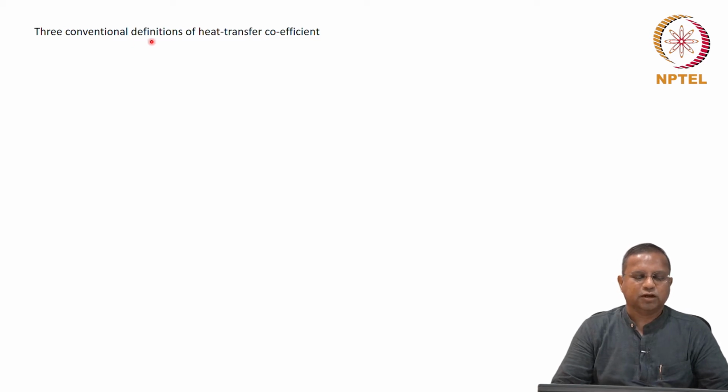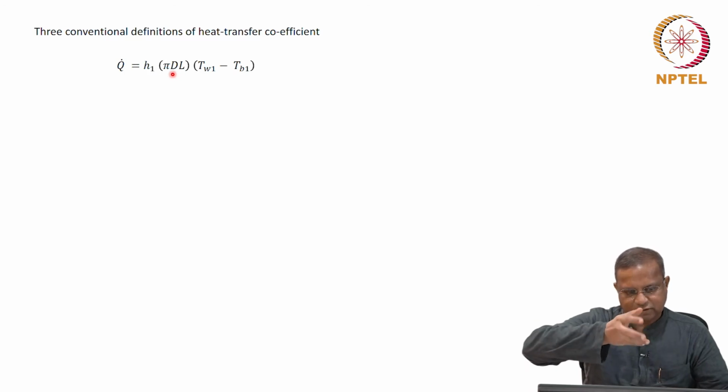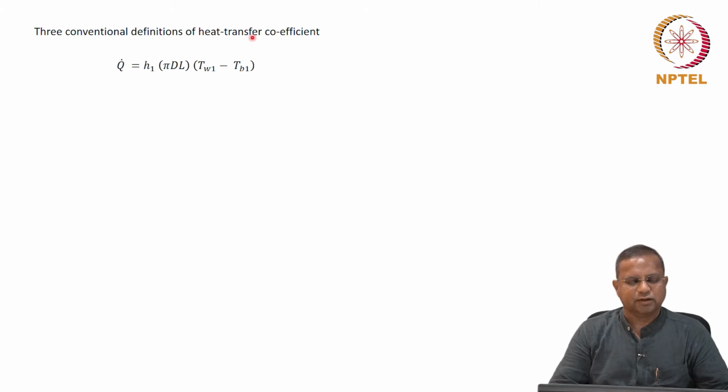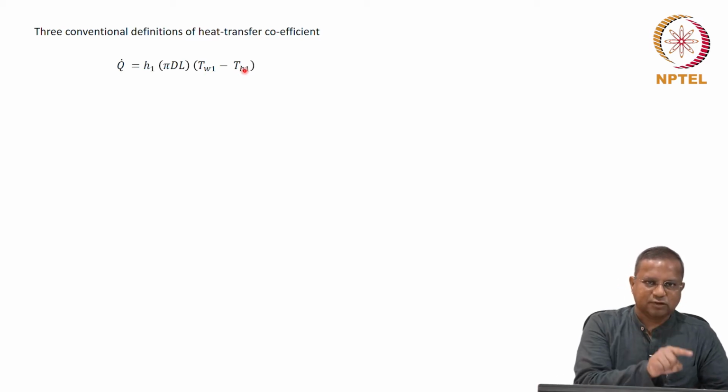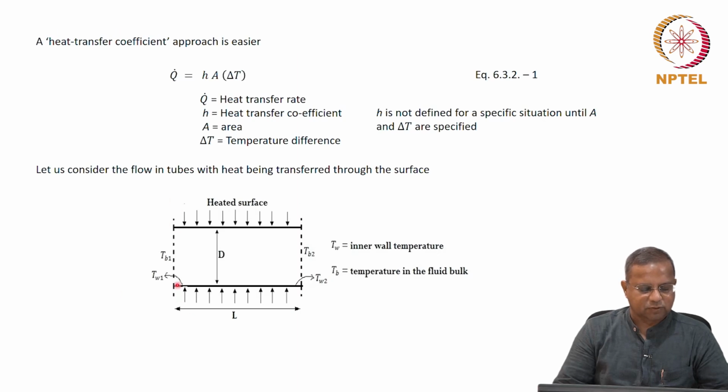Three conventional definitions of the heat transfer coefficient is what we are going to see next. You could say that the heat transfer rate is some heat transfer coefficient H1 times the cylindrical area pi d times L, times the difference between the wall temperature and the bulk temperature at cross section 1, at this cross section alone, TW1 minus TB1.